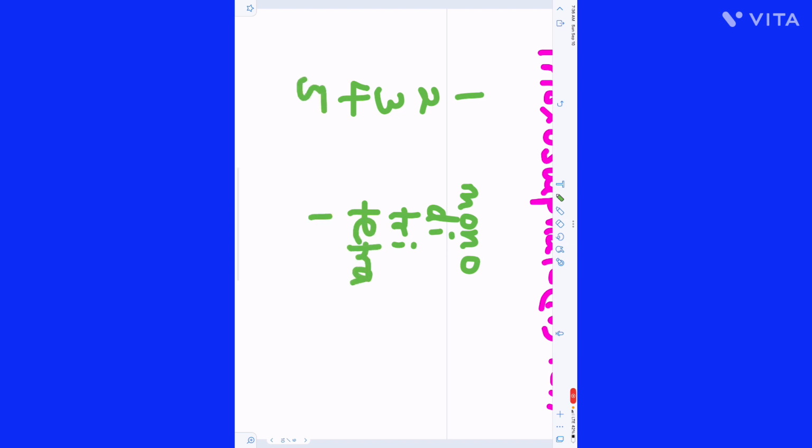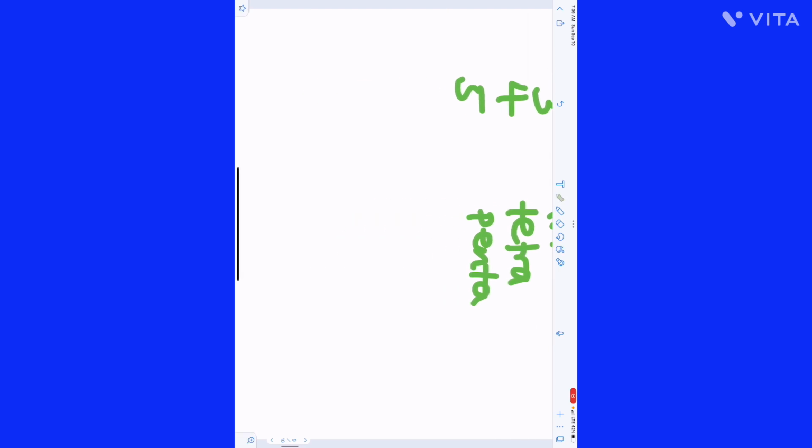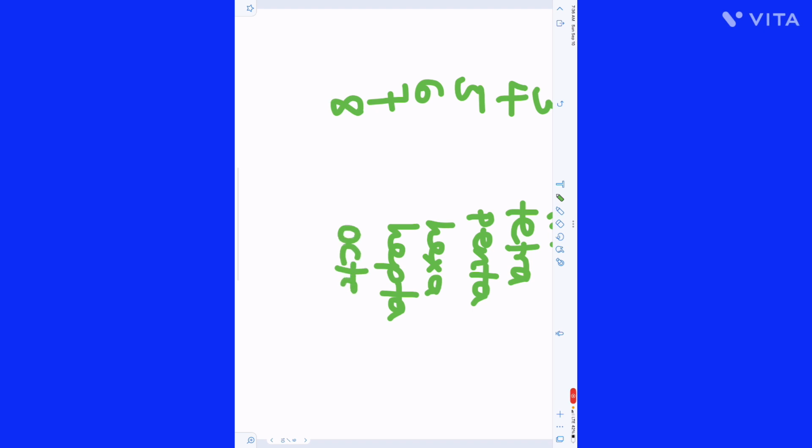For 5, we use penta. For 6, we use hexa. For 7, we use hepta in naming compounds. For 8, we use octa. For 9, we use nona. And for 10, we use deca. You understand? So take note of these prefixes.